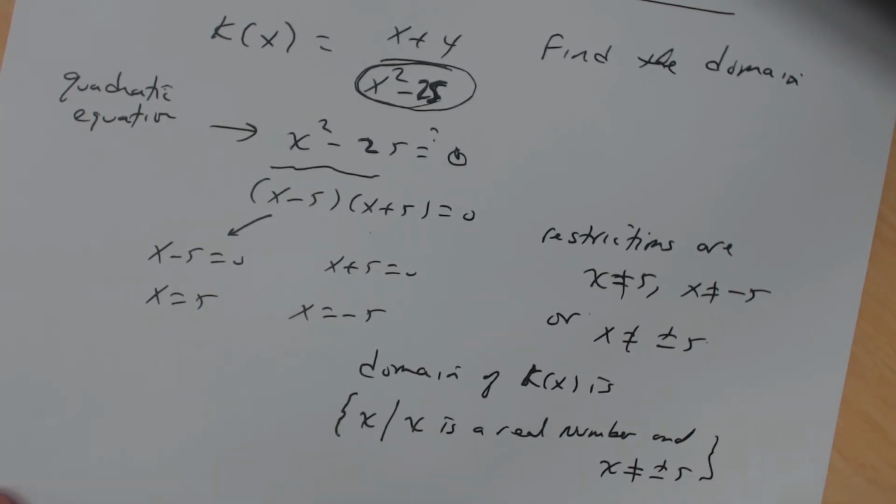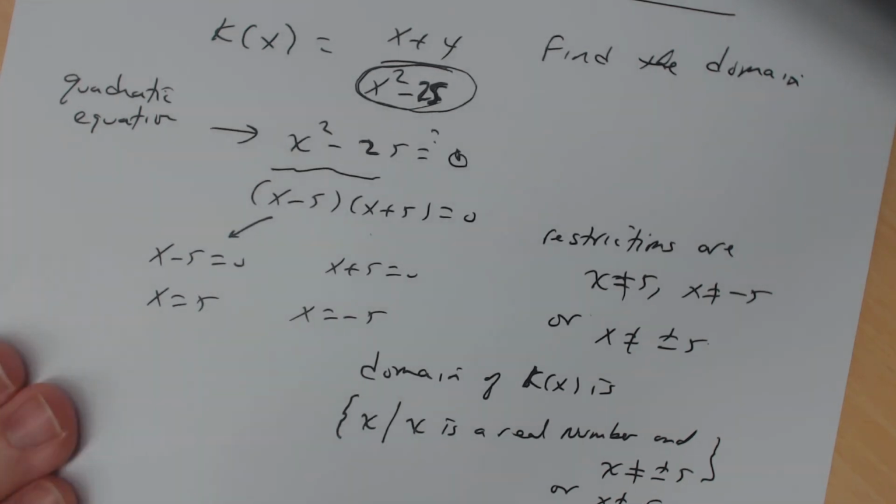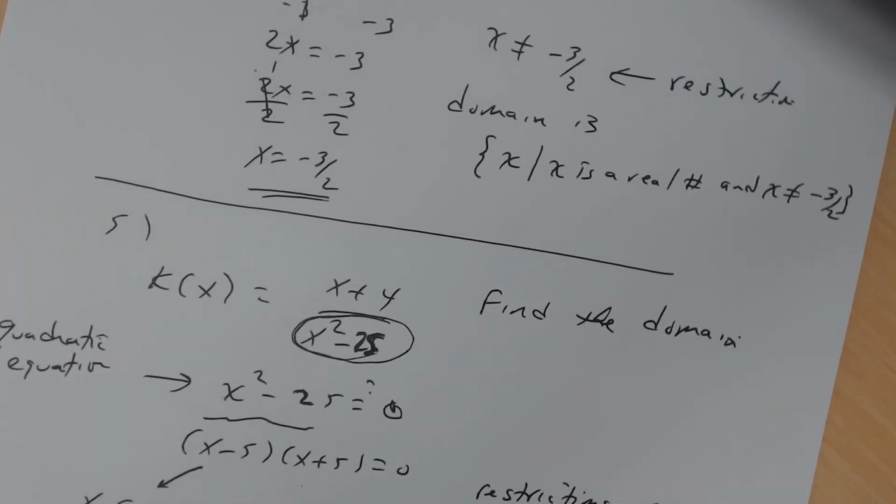Now in MyMathLab, you would have to write out x cannot equal 5, comma, negative 5. Okay, so that was that one.